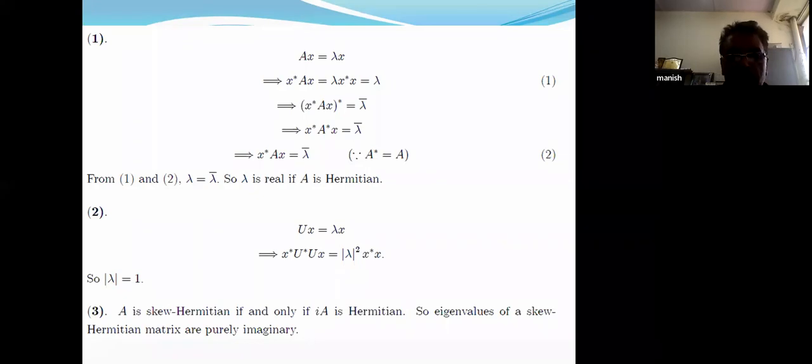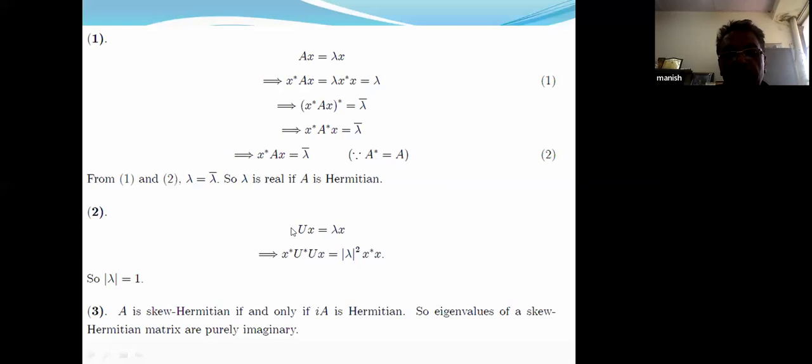Taking the conjugate of both sides, x star A star x is lambda conjugate. So x star A star x is lambda bar. Since the left hand sides are equal, therefore lambda is equal to lambda bar. So this means lambda is real if A is Hermitian.